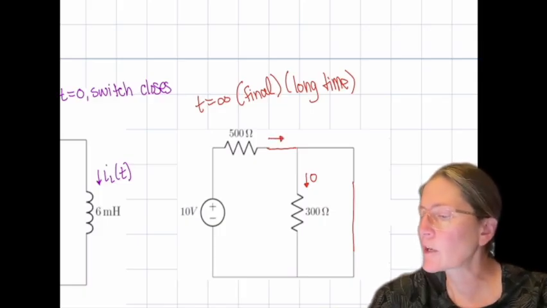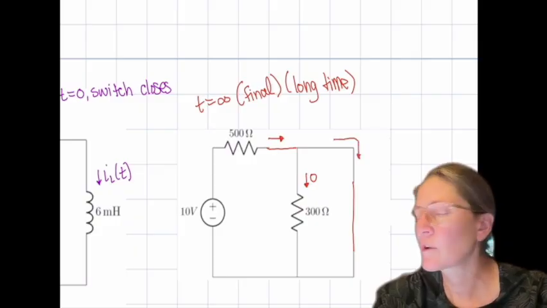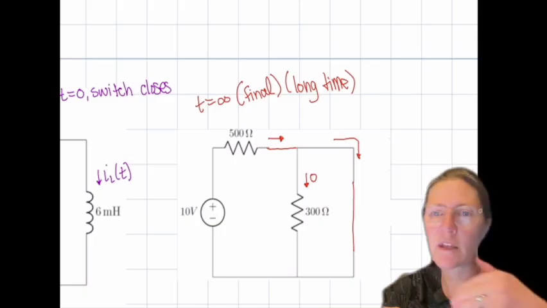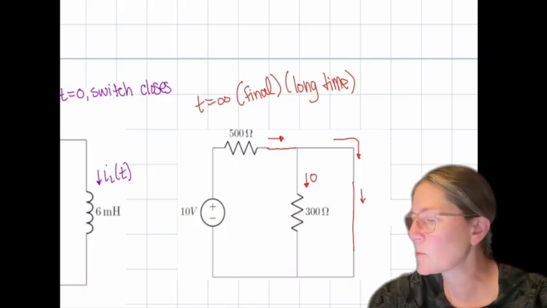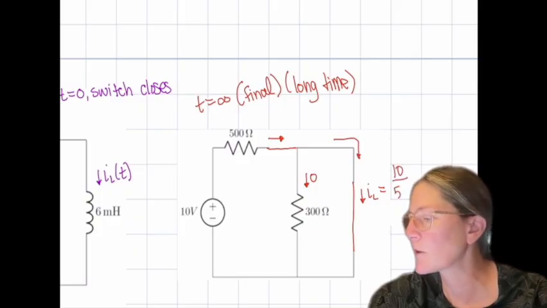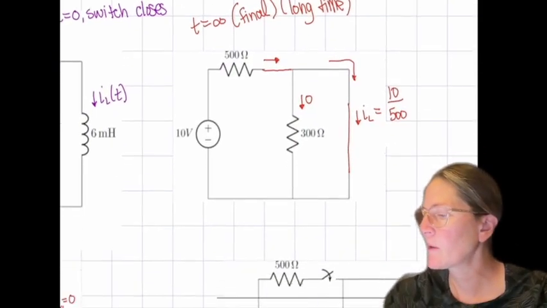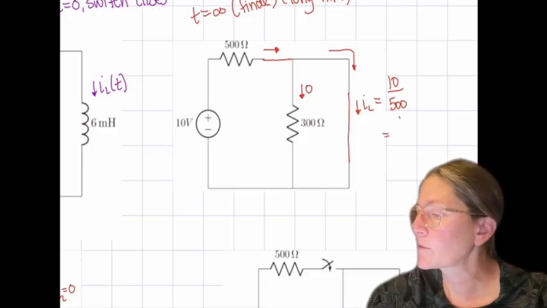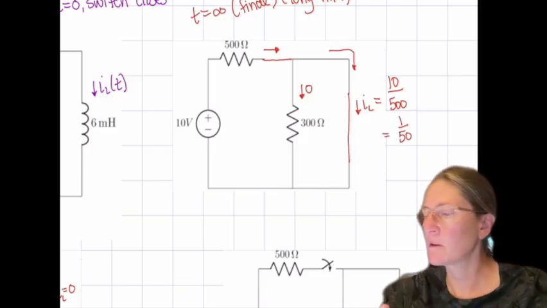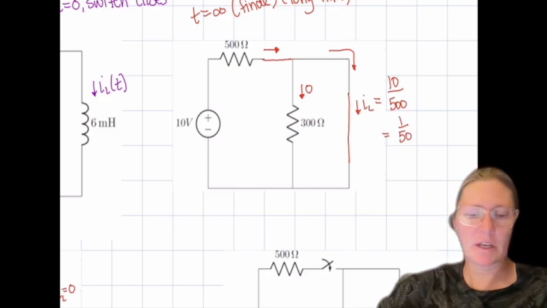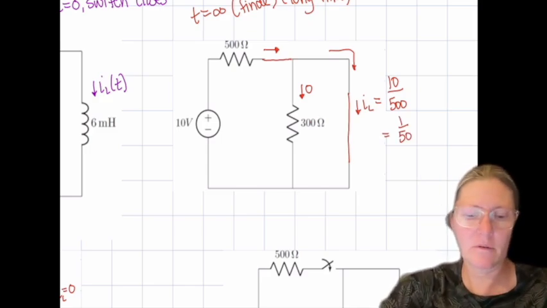So all the current goes through the 500 ohm and then just through the wire, which will be where IL is. So IL will be 10 over 500 or 1 over 50. And that will be our final value.